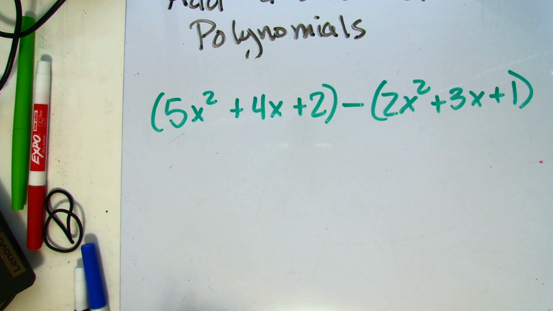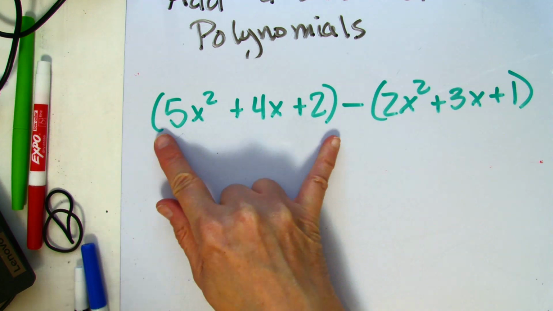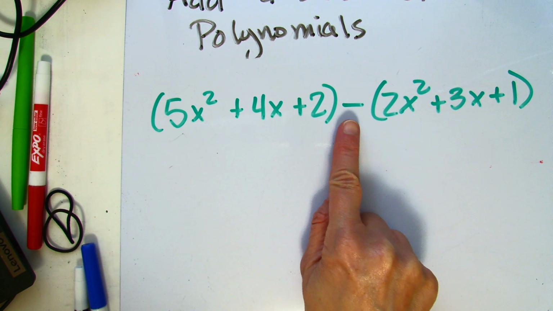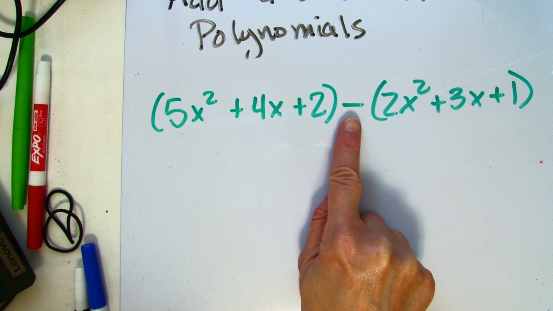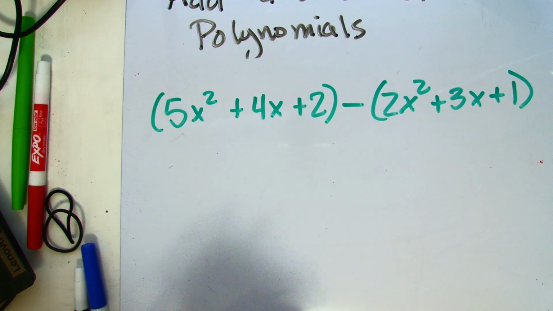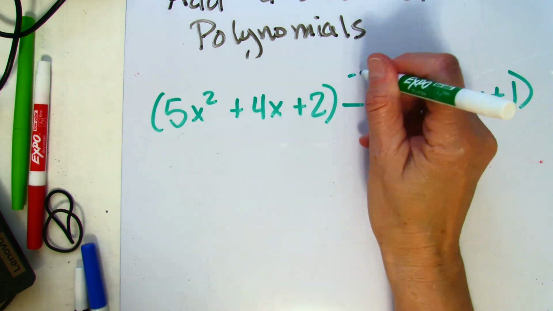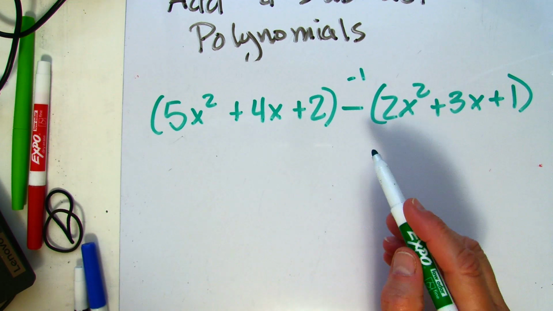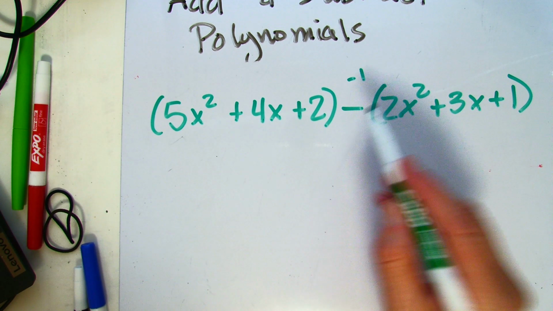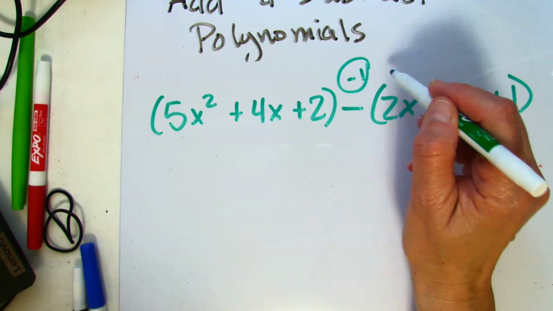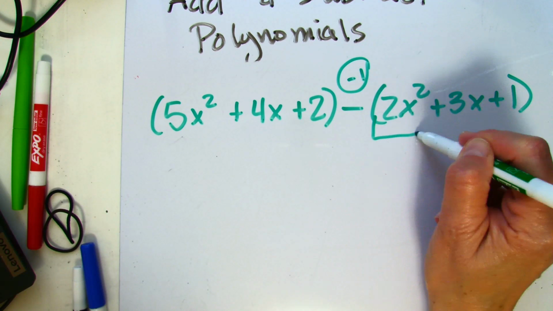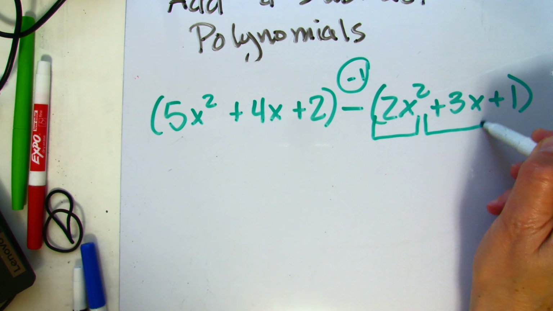Now, unlike addition, we can't just drop the grouping symbols. We're going to actually look at this as a negative 1. And what we're going to do is distribute this negative, or this negative 1, to each term within this polynomial.